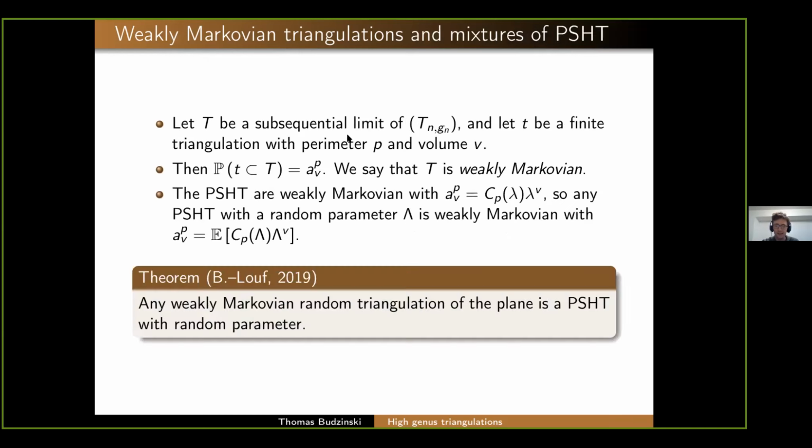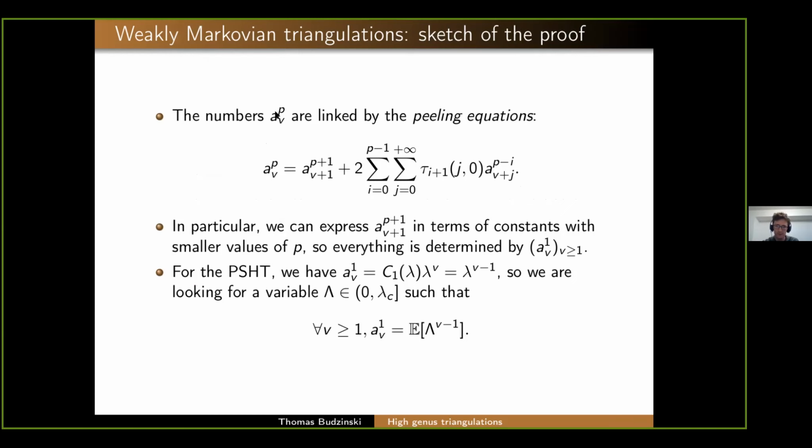The basic idea is to first notice that we have a lot of equations linking together these coefficients, which implies that these coefficients APV are actually entirely determined by the coefficients A1V, so the coefficients describing triangulations of perimeter 1.